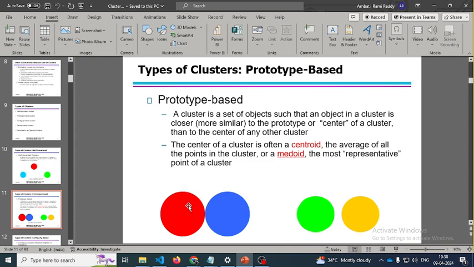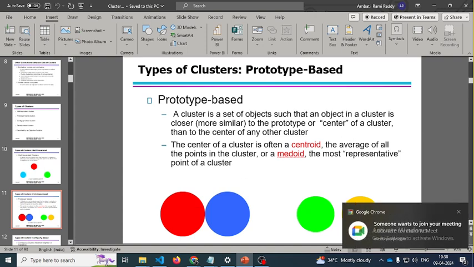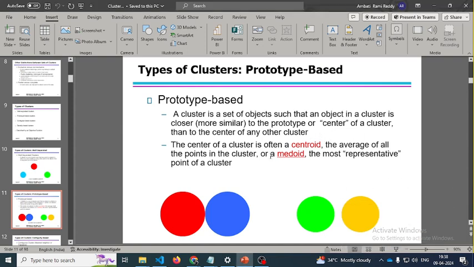Generally the center of the cluster is formed based on the centroid, that is the average of all the data points in the cluster. Or sometimes instead of the average of all the data points, people may use a medoid. A medoid is the most representative point of that particular cluster.